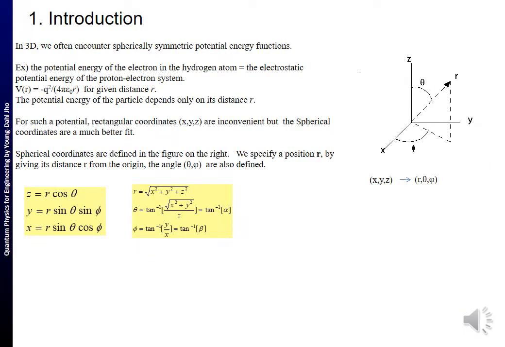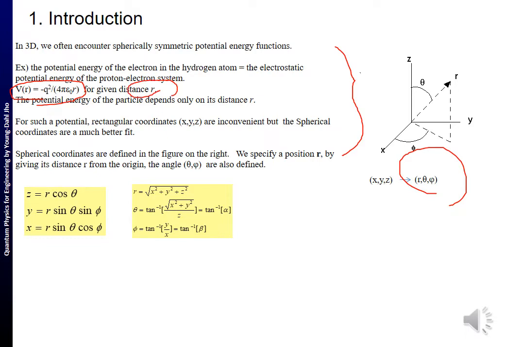And then we introduce the spherical coordinates. So the x, y, z coordinates are replaced by r, theta, phi coordinates. Please read through yourself. This is useful for the Coulomb potential, because it is a function of r.